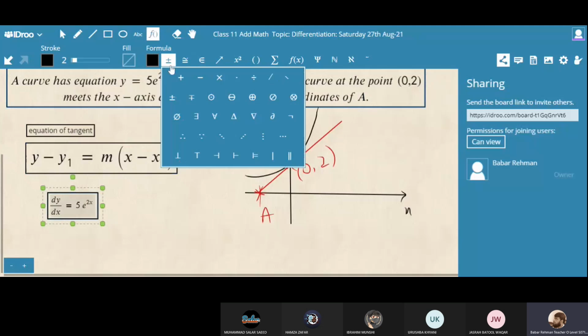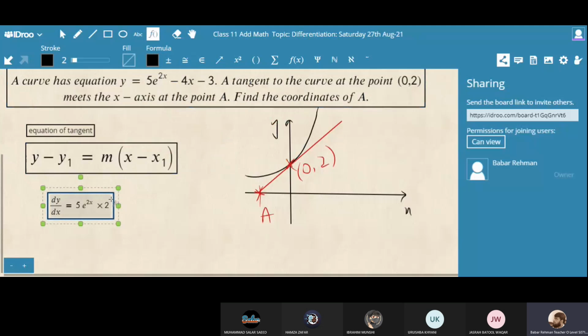Why am I multiplying by 2? Can anybody tell me? The derivative of 2x is 2. Very good. And then what is the derivative of 4x? 4. Okay, good.